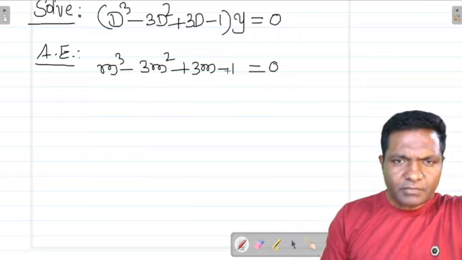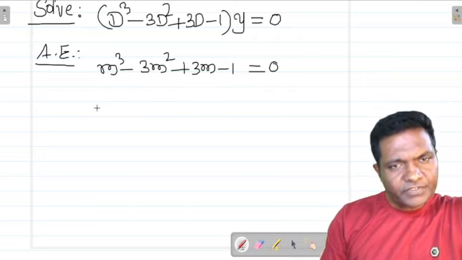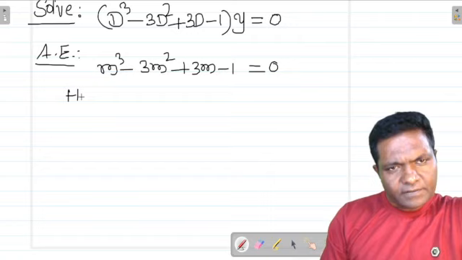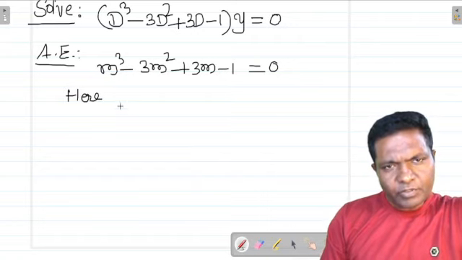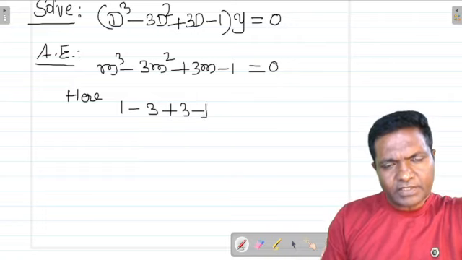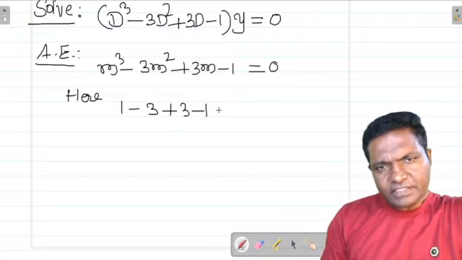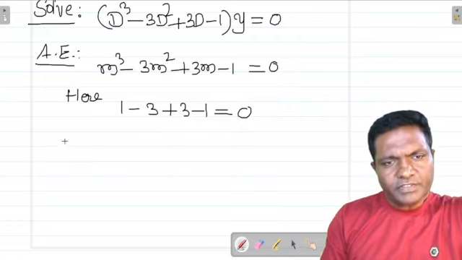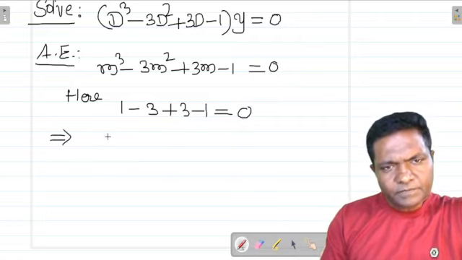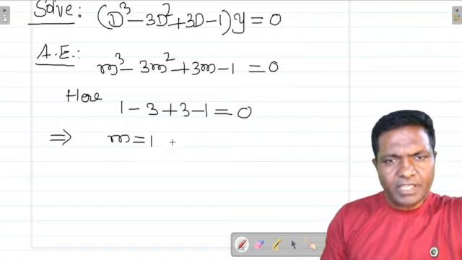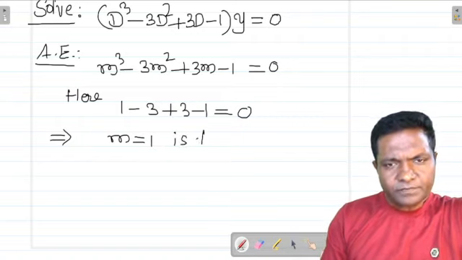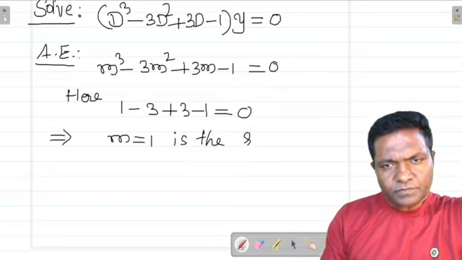Now see here, if the sum of the coefficients is 0, so here the sum of the coefficients 1 minus 3 plus 3 minus 1, if we add this, is 0. So if the sum of the coefficients is 0, this implies m equal to 1 satisfies this equation, which means m equal to 1 is the root.